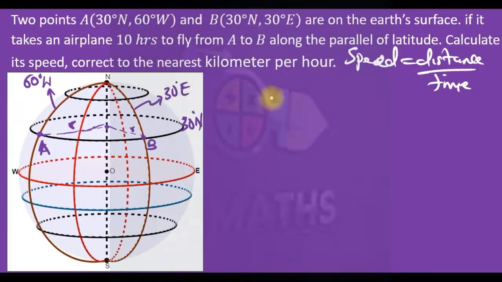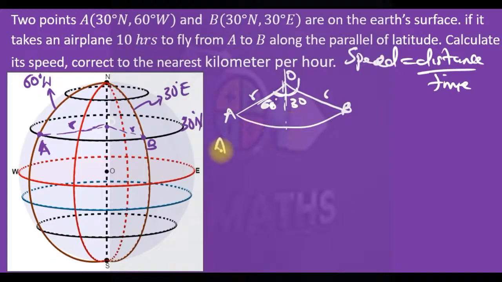This is my axis, this is B, and this is A. This is my small r. Let me use O subscript 1 to denote the center here. The first one is 60 west, while this is 30 east. So my total angle is 90.